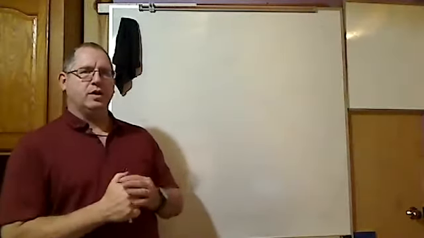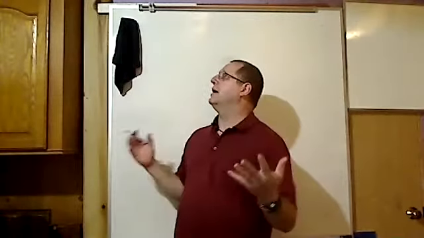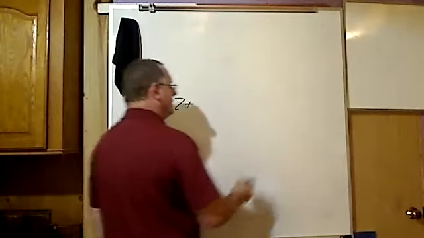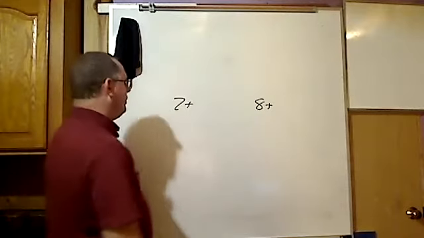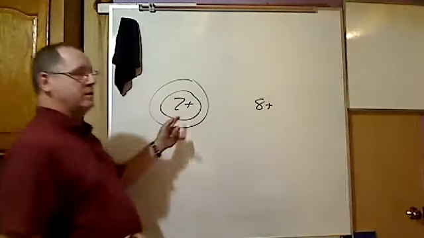If I take a look at, say, nitrogen and oxygen: nitrogen has 7 protons in the nucleus. Oxygen has 8 protons in the nucleus. But yet they both have, and I'm going to draw a very bad model, 2 layers of electrons.